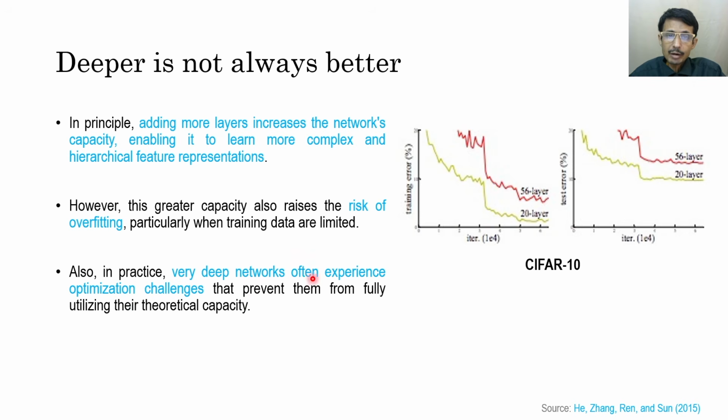Very deep networks often experience optimization challenges that prevent them from fully utilizing their theoretical capacity. So these are some observations that show the deeper may not always be the better if we do not take some measures or care to implement the deeper network.